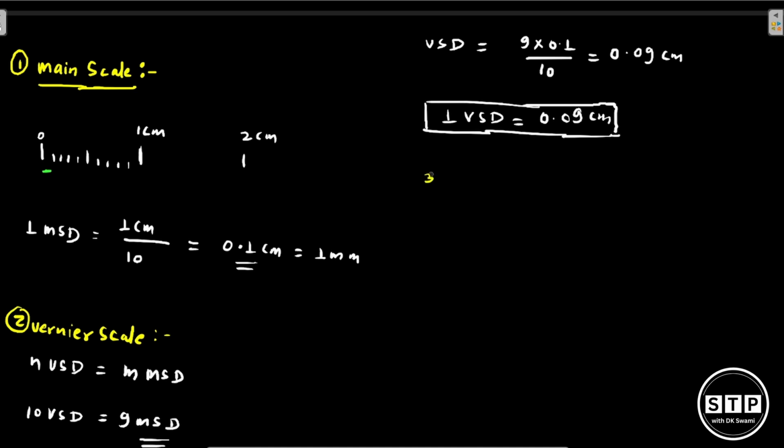Now the third quantity that is mostly used is the least count. The least count is the minimum measurement which can be done accurately.